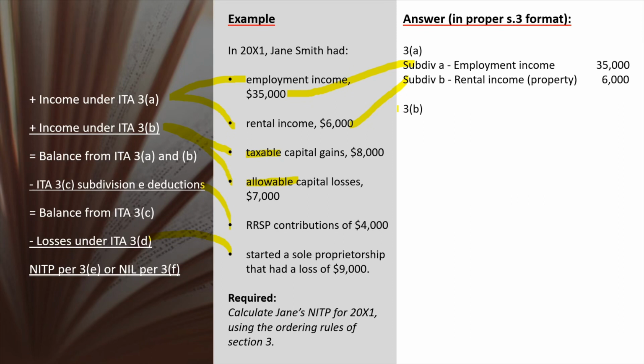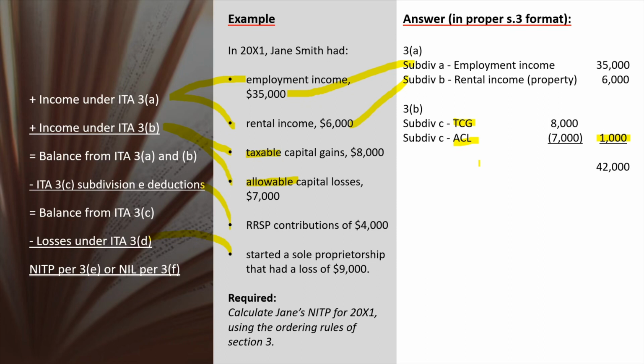Then we go on to 3B, and we have by how much do our taxable capital gains exceed our allowable capital losses? In this example, the taxable capital gains exceed the allowable capital losses by $1,000.